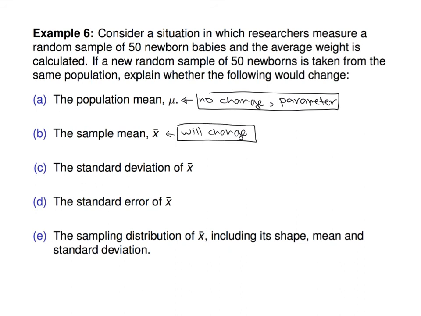Now, these next two will be more obvious in the next lesson, but the standard deviation of x bar is actually not going to change. This is the true value.